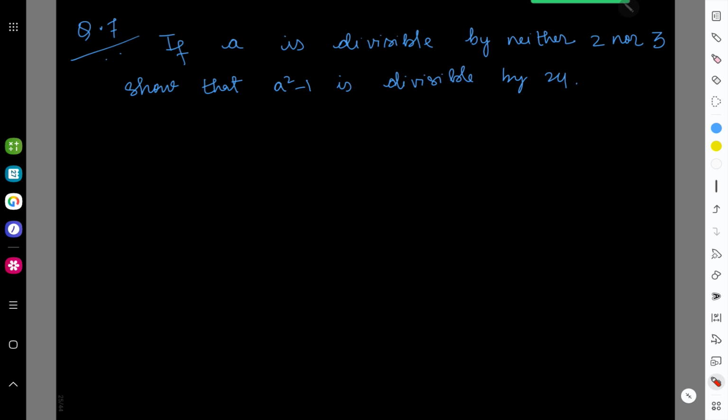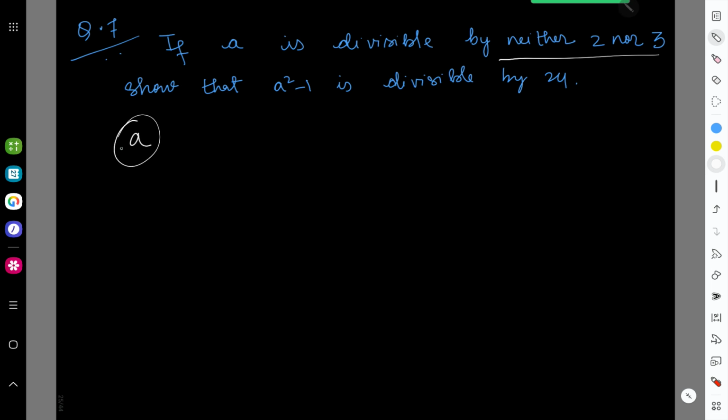Question number 7. If a is divisible by neither 2 nor 3, show that a square minus 1 is divisible by 24. Okay, over here the question says it is not divisible by 2 and it is not divisible by 3. Now think about it.